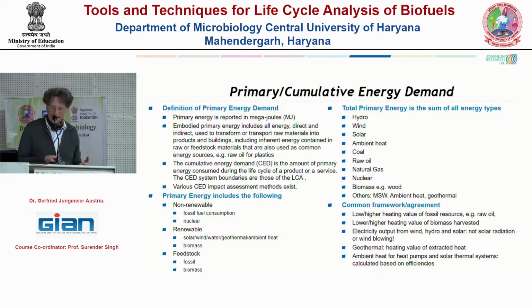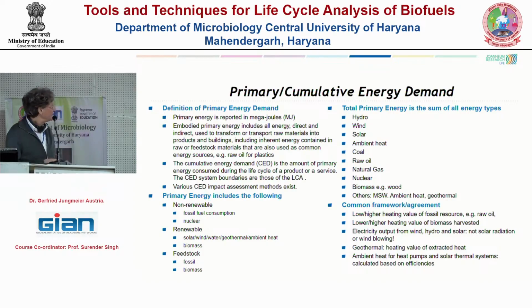Also the heating value in the feedstock is part of the cumulative primary energy demand. If you extract raw oil, it has a heating value that is the primary energy you put into a system driving on gasoline or diesel. Or if you have biomass, wood or grain, it's the heating value from the very beginning when you start to operate your system.